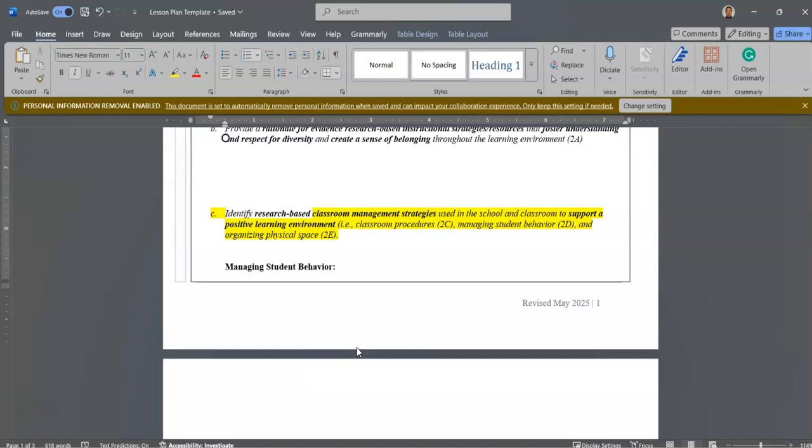Maybe your use of technology is, the research shows that it is engaging and motivating, increasing engagement and motivation of students. Therefore, the likelihood that they're going to be off task and creating behavior management issues is going to be reduced through your technology use, right?